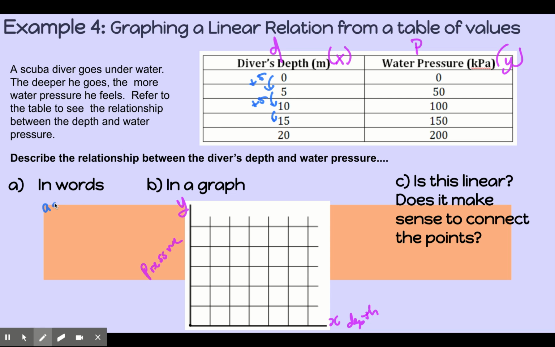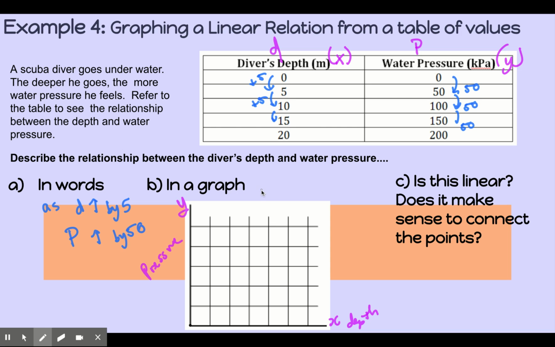So as D increases by 5, let's see what P increases or decreases by. P increases by, looks like 50 each time. So P increases by 50. So there is the relationship in words.